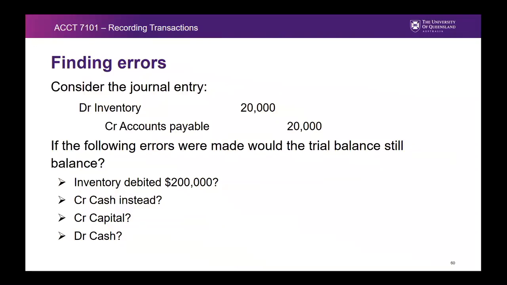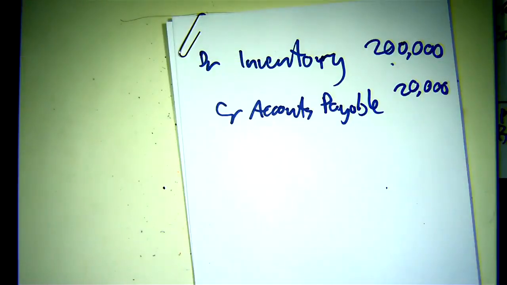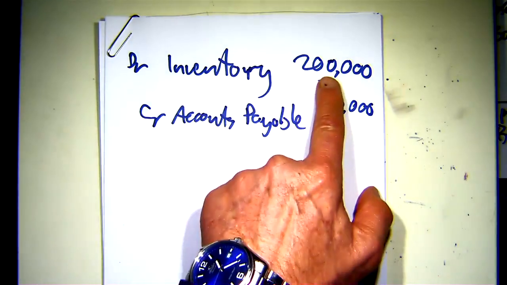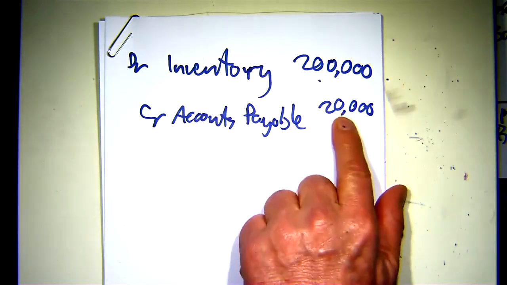So this is the first situation, where I've debited inventory 200,000 instead of 20,000.